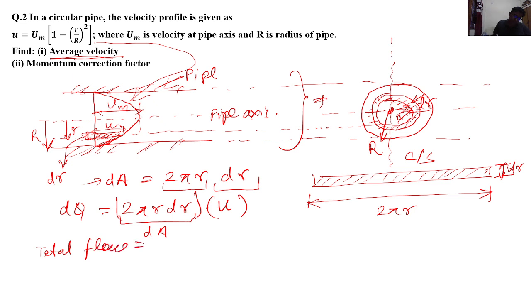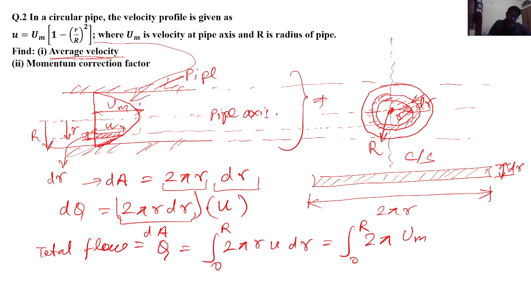Total flow, let us express it using capital Q, is the integral of 2 pi r u dr, that is the dQ, integrating it over the radius from 0 to R. So this would be 0 to R, 2 pi, and small u can be written as Um from the question, times (1 minus r square by R square) times r dr. So this would be 2 pi Um, 0 to R.